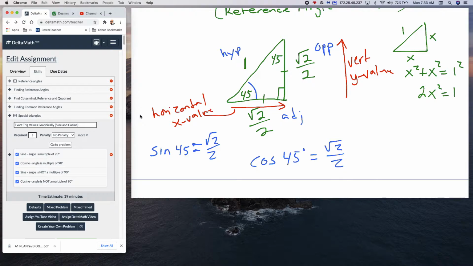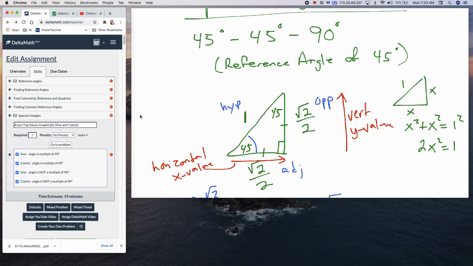We'll talk about that in a second when we talk about how we might draw these. That might help you. Maybe just keep that in the back of your mind for right now. So that's one of the special right triangles.